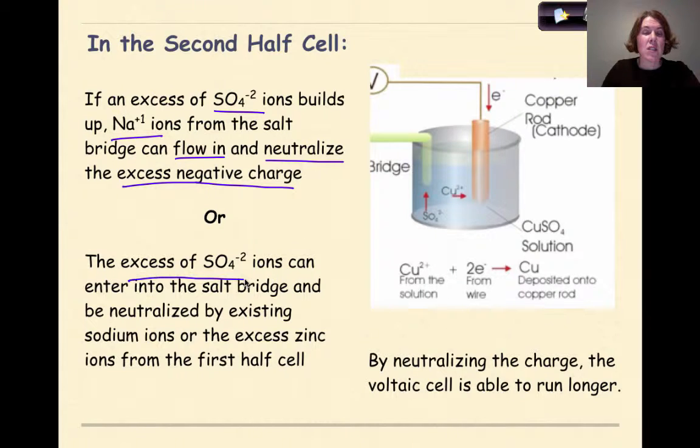Or the excess sulfate ions can enter into the salt bridge, go right here. And here we have this red arrow saying, hello, this sulfate ion is basically going into the salt bridge and being neutralized by existing sodium ions or the excess zinc ions from the other half cell. By neutralizing the charge, the voltaic cell is able to run longer.